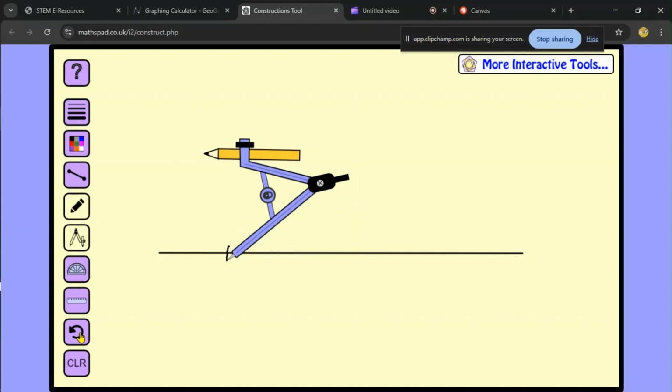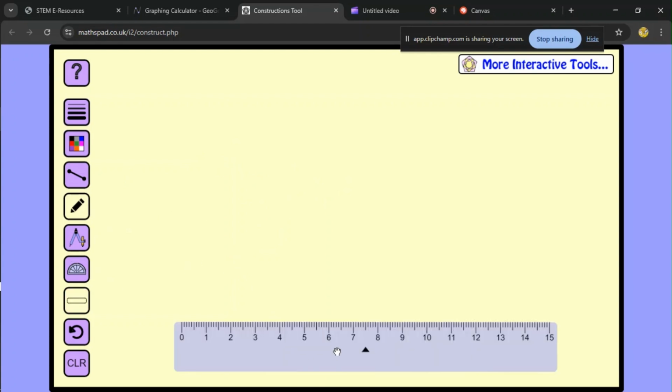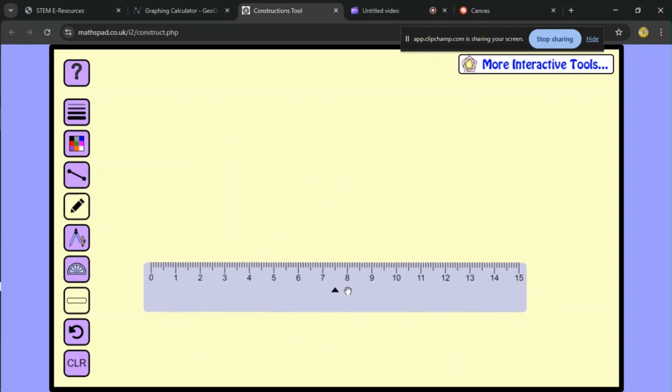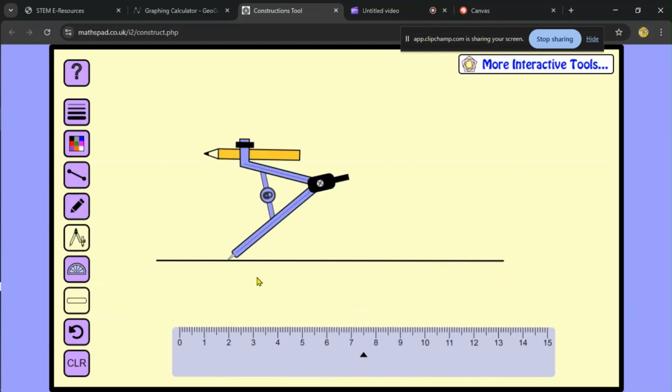So let me go back a few steps. Let me first of all draw the straight line again. I put a straight line here. Then using my mouse, let me put a mark.